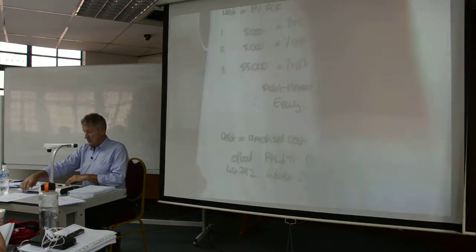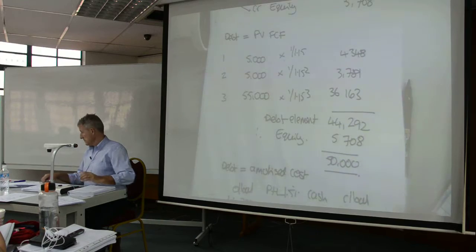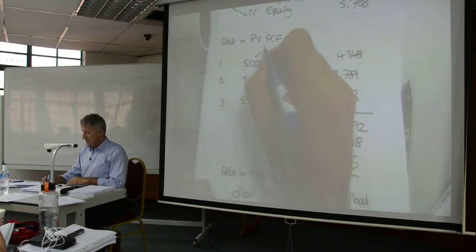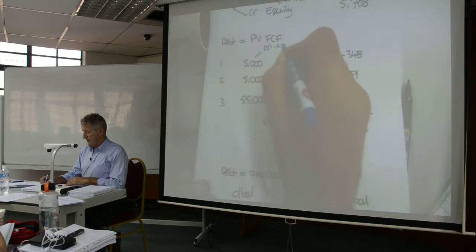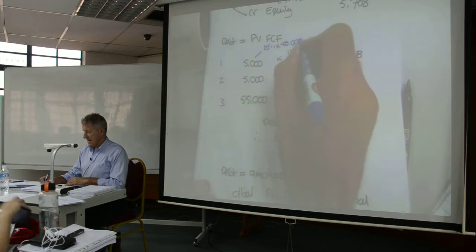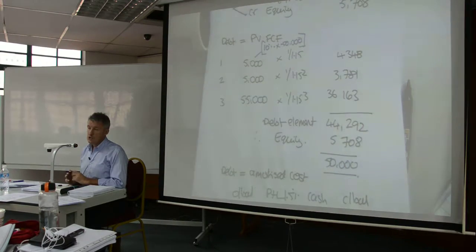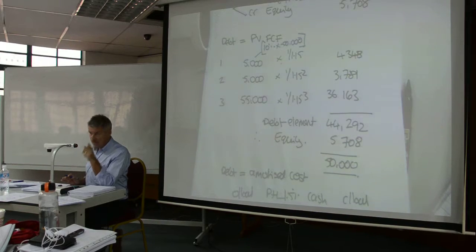This 5,000 is 10% of the 50. That gives me the cash flow. So the coupon rate times the nominal value gives me the cash. But the effective rate times the carrying value gives me the finance cost.